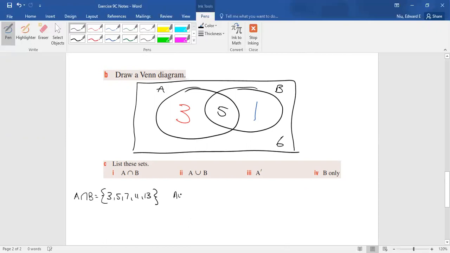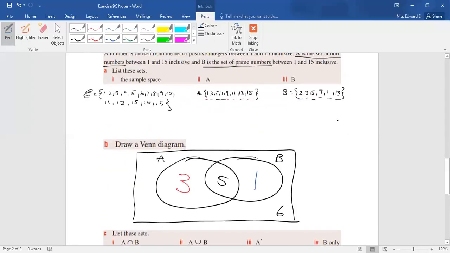What numbers were in A or B? This one's going to include every number. That's 9 numbers in total. So every number that was in set A or B, we had 2, 3, 5, 7, 9, 11, 13, 15.